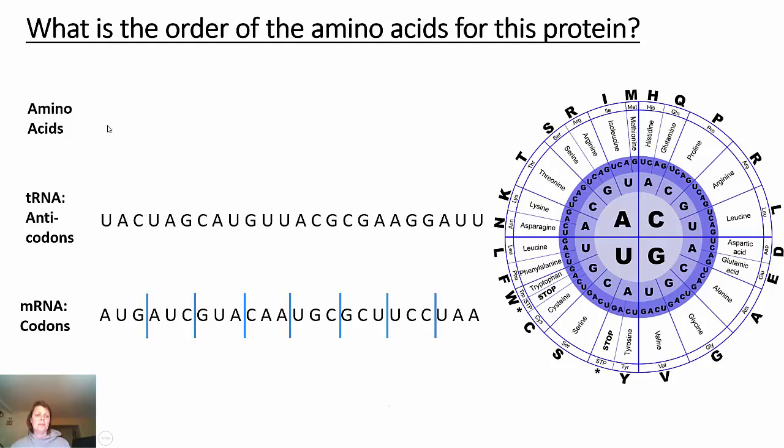But what are the amino acids? We know that the AUG is going to give us methionine. Then what's AUC? AUC is isoleucine, which is an ILE, isoleucine.